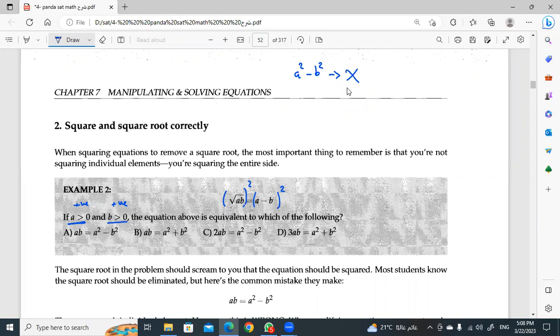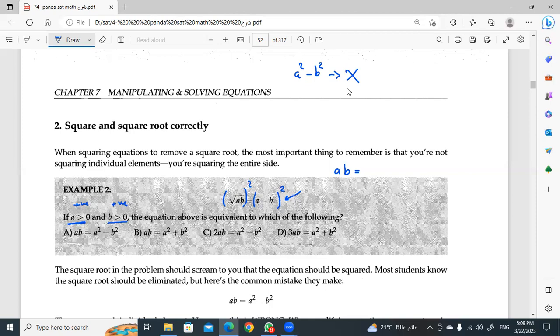After squaring both sides, I will get rid of the square root. So right here, it will be ab, which is equal to, okay, here, I have to get rid of all of this. Do I have this form in the answers? No. But actually, I have to get rid of this.